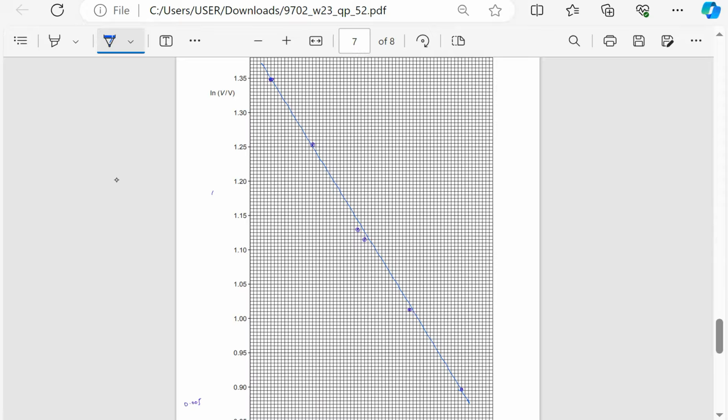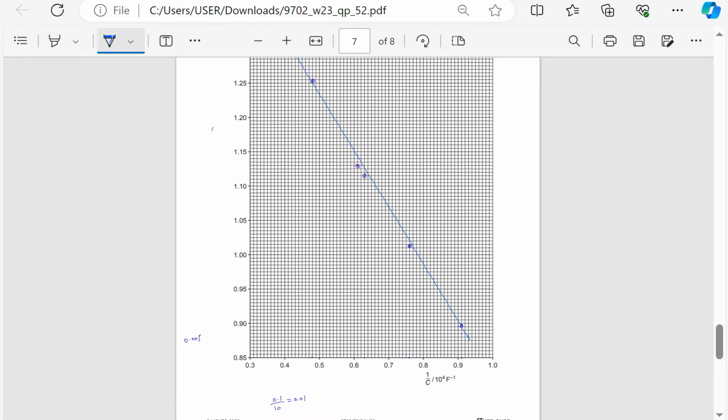Well, still I don't believe this line, unless I plotted wrongly. But I'm sure I plotted correctly.